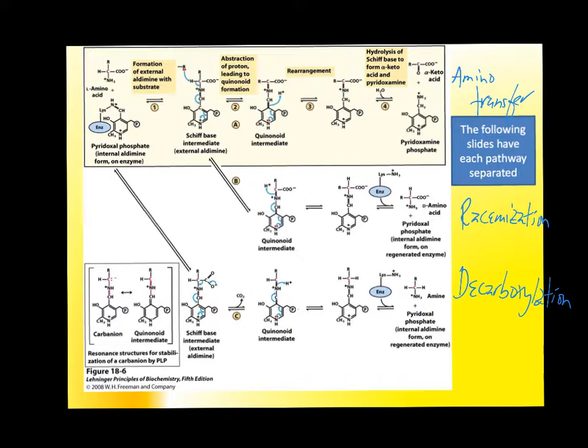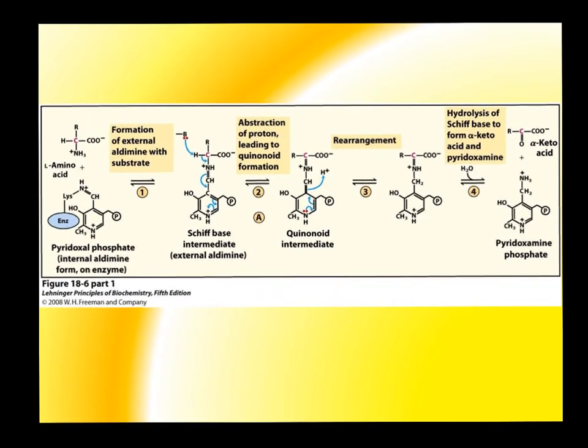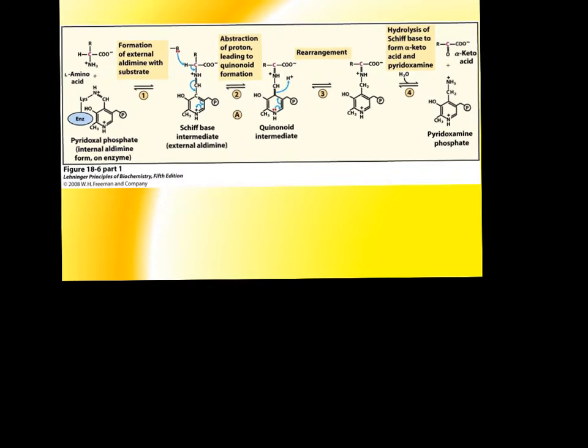So these are the three basic types of reactions that the aminotransferase uses. Now, since some of you haven't had organic chemistry yet, I will go a little bit slower to explain what this means. Let me make it a lot smaller.